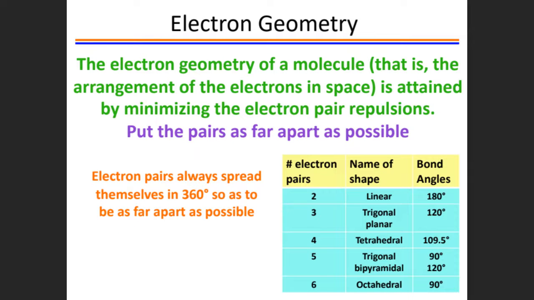Electron pairs always spread themselves in three dimensions. Now I want to tell you why I was telling this. Let's see if I can find it. I will show you, then you will understand. Three-dimensional rotation of methane, CH4.